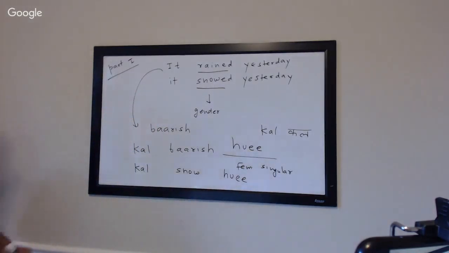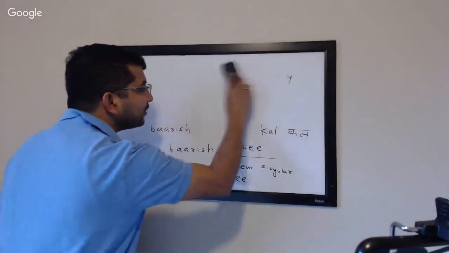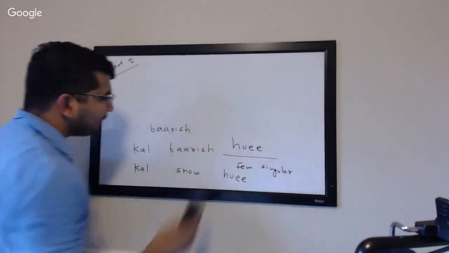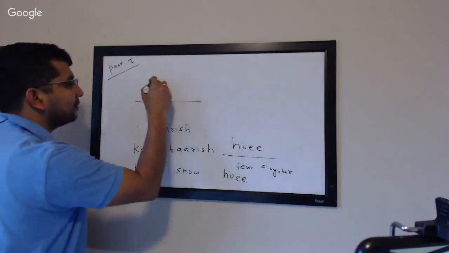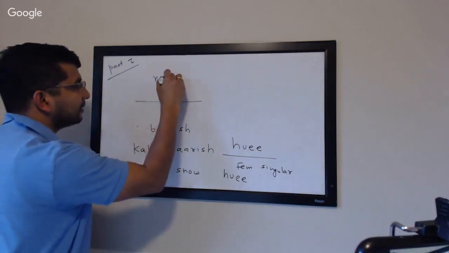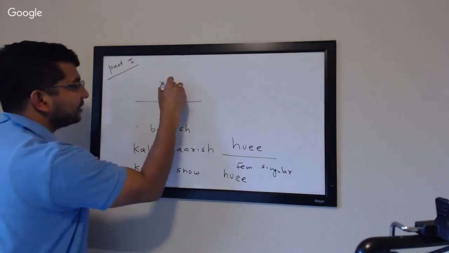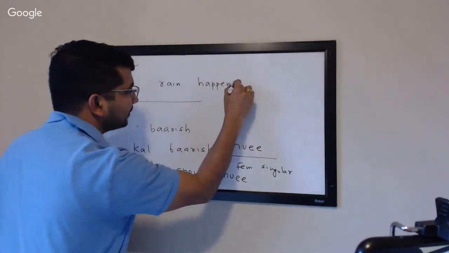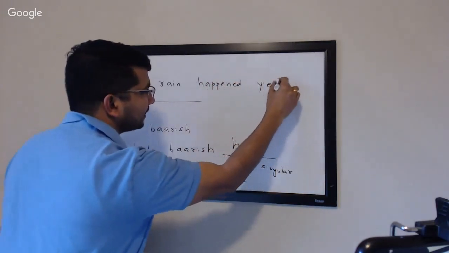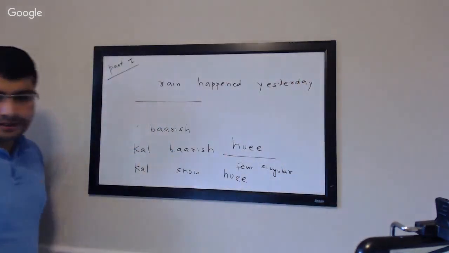Now, it's not fair to translate these sentences into English, because it may not make sense, but literally the translation is rain happened yesterday. But that's not how you say it in English. You'll say it rained yesterday.